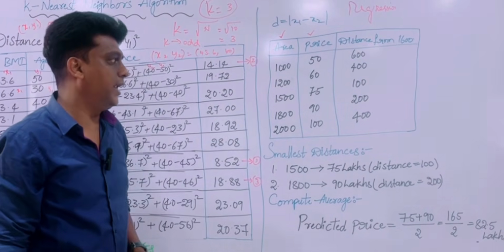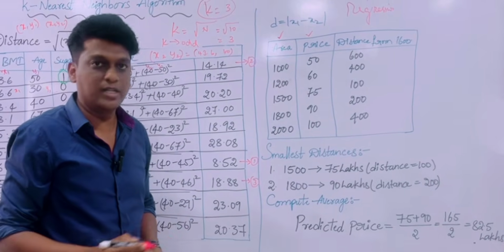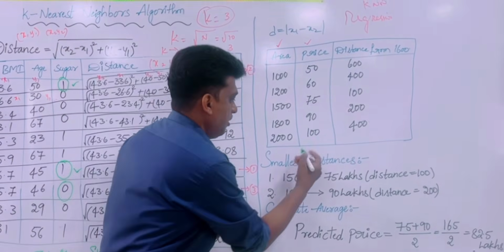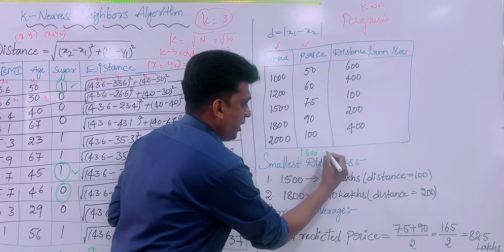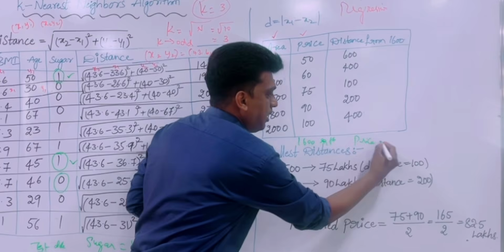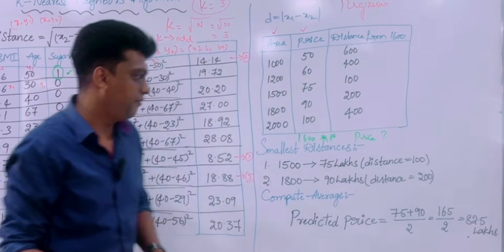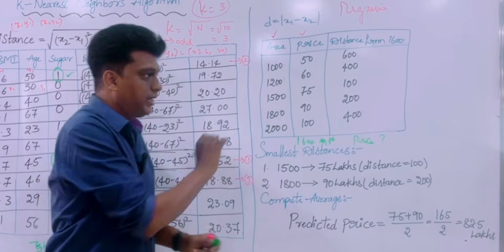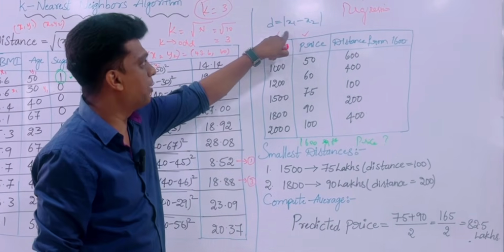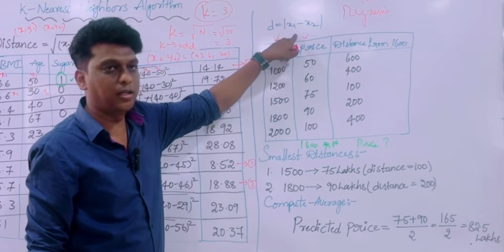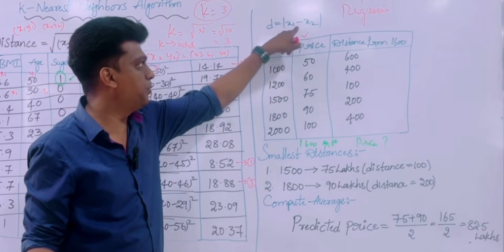Now we need to find out the price for 1600 square feet. This is our task. So this is the area and this is the price. For regression the distance can be calculated from the modulus of x1 minus x2. It shouldn't be a negative value; the distance should always be positive.